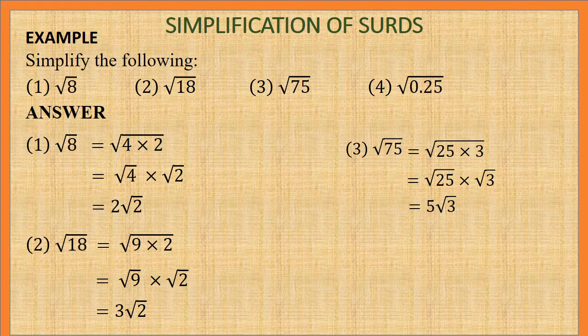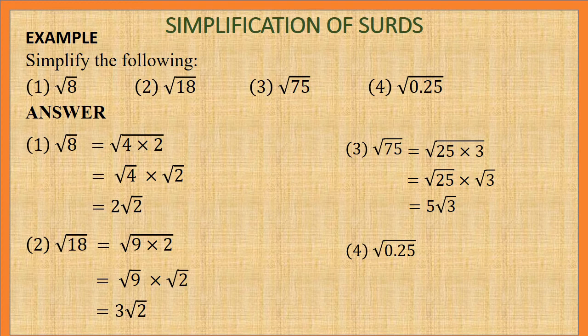Then for the last and final example 4, we have square root of 0.25. First of all, we can see that the radicand is a decimal fraction. Convert it to a common fraction.